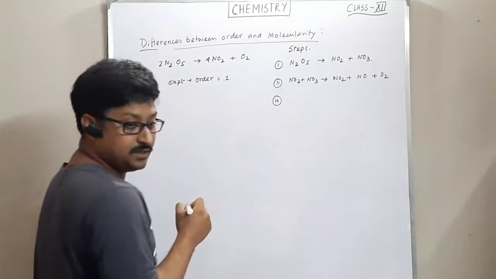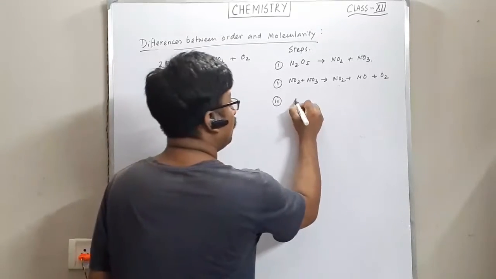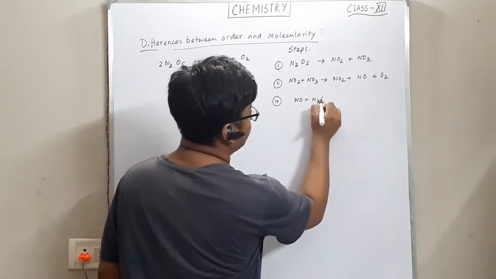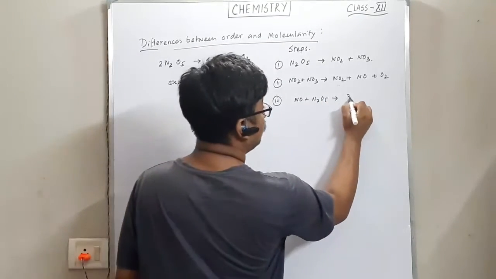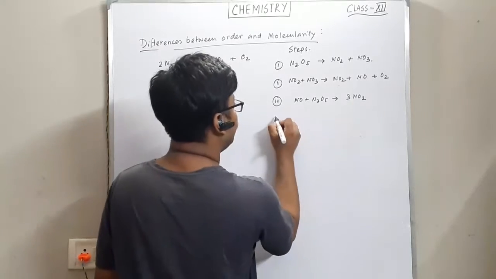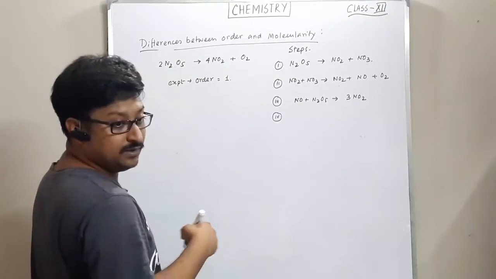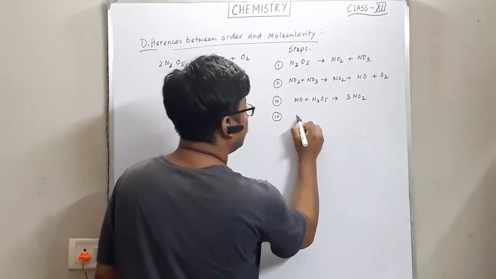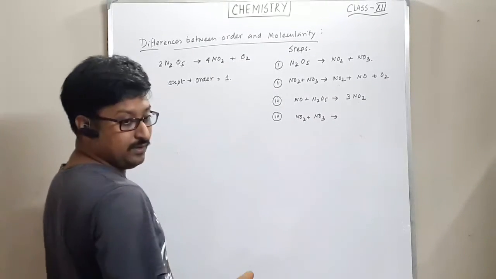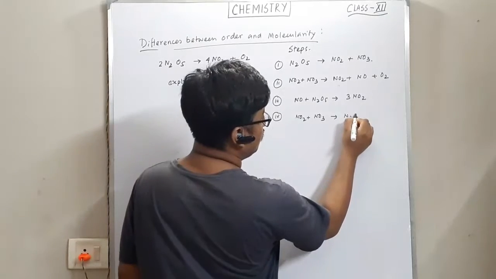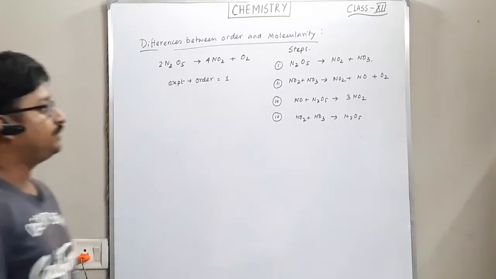Step three: NO again reacts with N2O5 to give 3 NO2. And the fourth step: NO2 plus NO3 gives you N2O5 again, because there will be a backward step also.